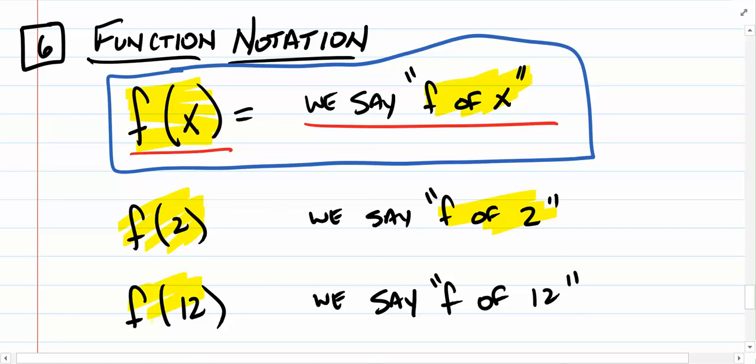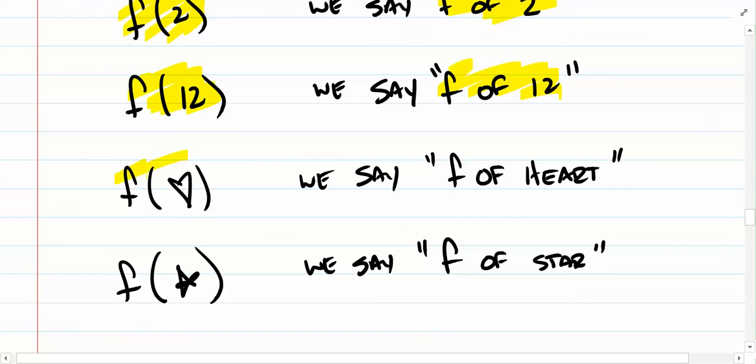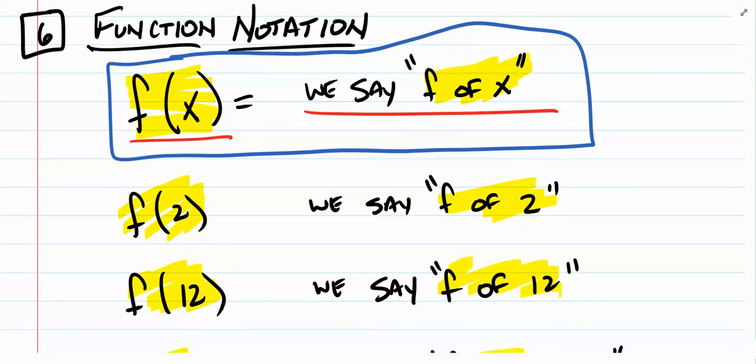This statement right here is read f of 12. This statement right here is read as f of heart, because that's what it is, f of heart. And this statement right here is read as f of star. So we need to be sure that we can say these words in algebra using function notation.